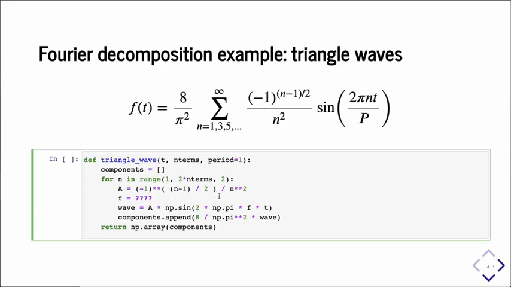So that's going to be the amplitude of each one of our sine waves. We also need to record the frequency here. That's just going to be n divided by p, so n divided by our period. And then we can create a sine wave at the appropriate frequency, multiply it by the appropriate amplitude, and we'll keep track of that in our components.